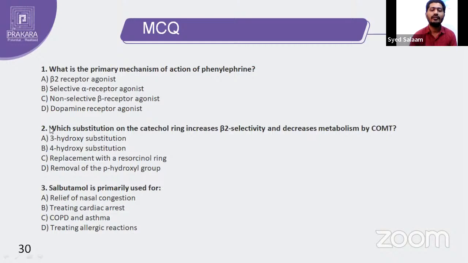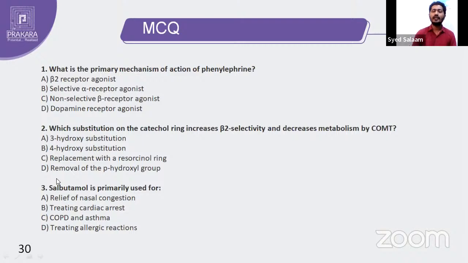Next, which substitution on the catechol ring increases beta 2 selectivity and decreases metabolism by catechol-O-methyltransferase? Whether it is 3-hydroxy substitution, 4-hydroxy, replacement with the resorcinol ring, or removal of the para-hydroxyl group.